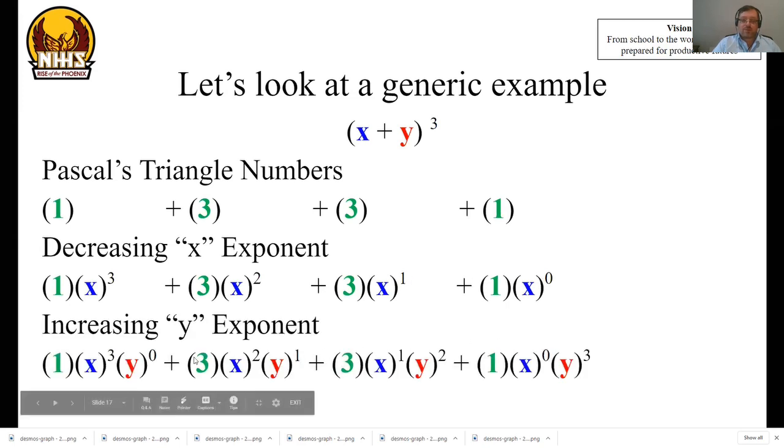Next, I put the second term in there, and I do backwards exponents: y to the 0, y to the 1st, y to the 2nd, y to the 3rd. All I'm doing is going backwards. And if it helps you realize, 3 plus 0 is 3, 2 plus 1 is 3, 1 plus 2 is 3, 0 plus 3 is 3.